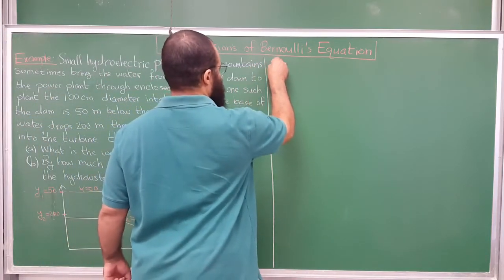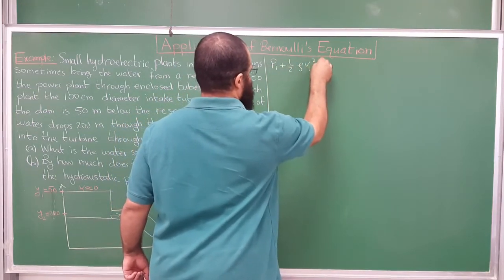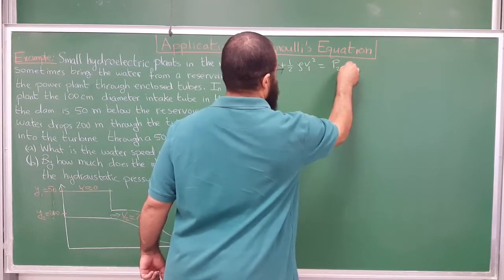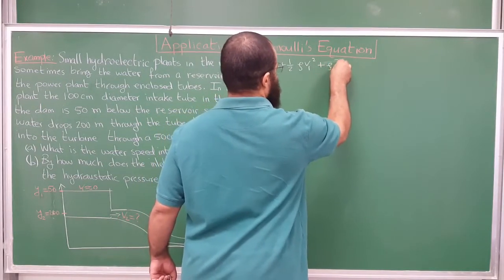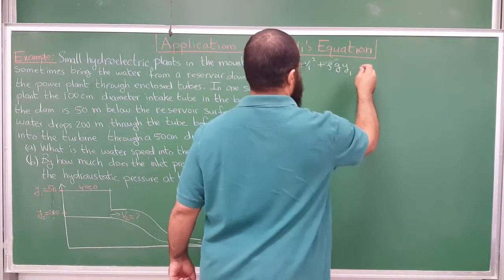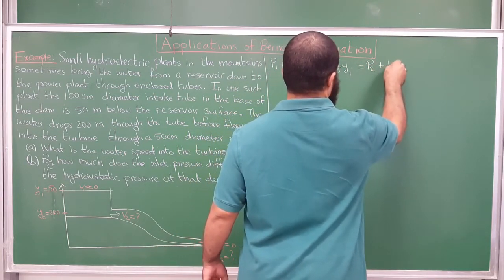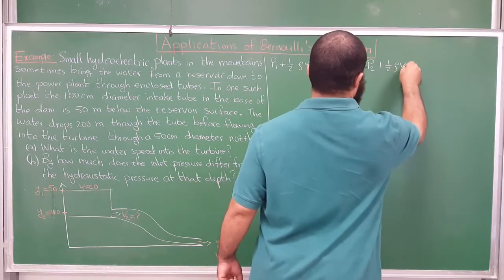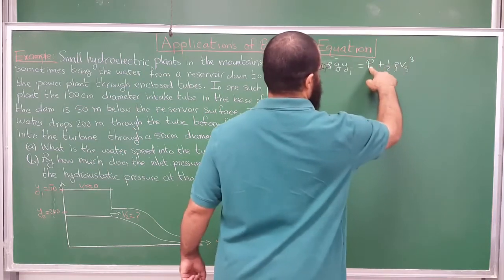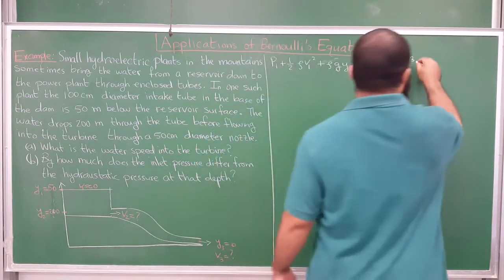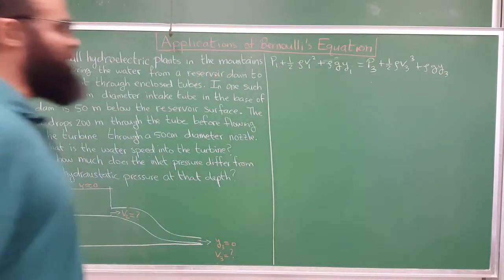It says P1 plus 1/2 rho v1 squared plus rho g y1 equals P3 plus 1/2 rho v3 squared plus rho g y3. Since we're talking about point 3, we label it 3.